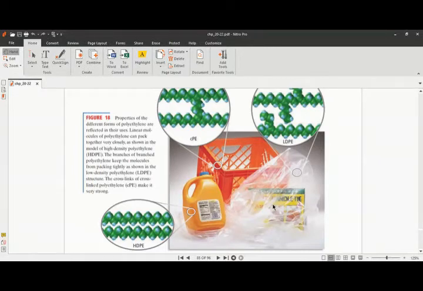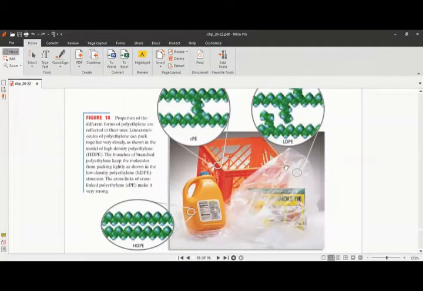Some linear molecules of polyethylene can pack together to form HDPE, which means high density polyethylene, like the bottles of milk and water. You can see it in front of you.